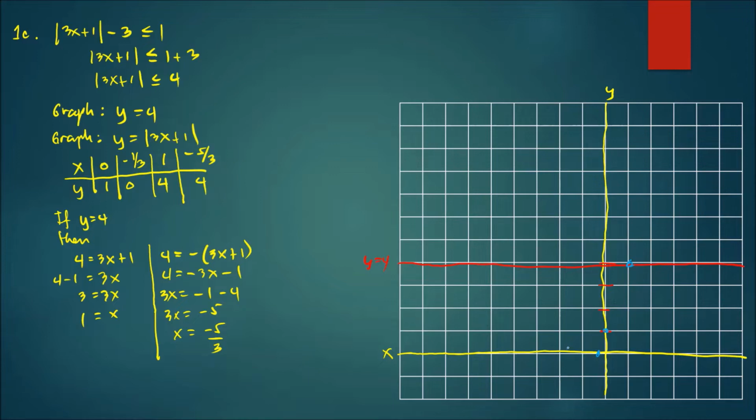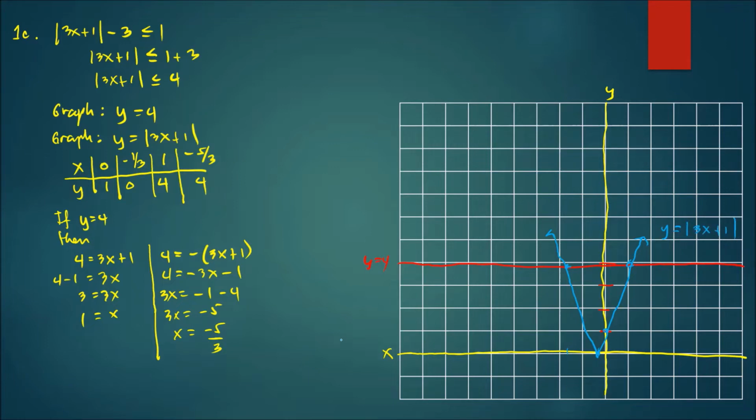So that's probably around here, then 4. Okay. So this would be our graph of the modulus y is equal to the modulus of 3x plus 1.